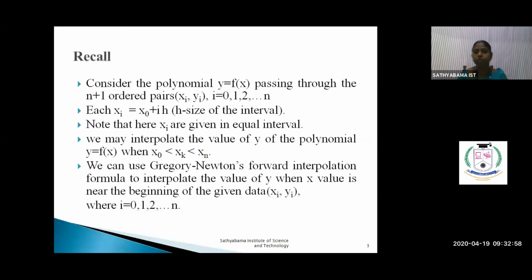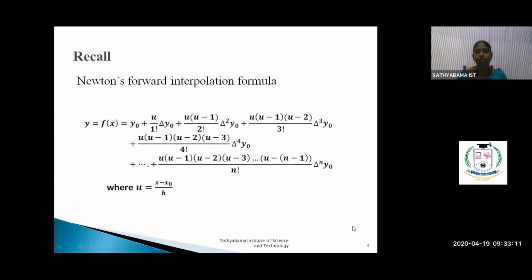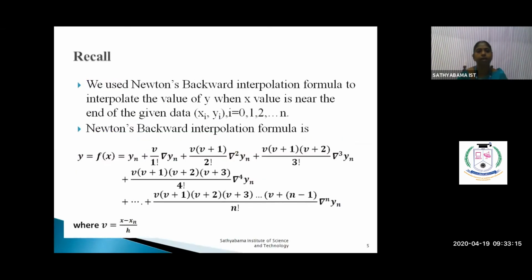Like this, we can use Newton's backward interpolation formula when the x value is given near the end of the table.